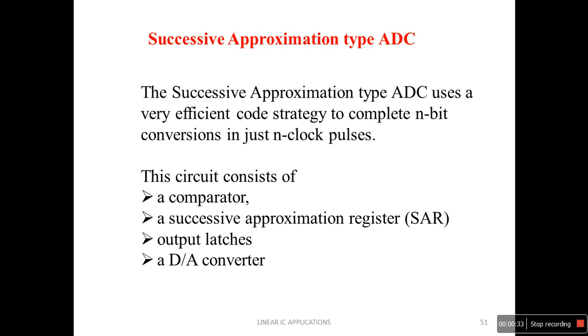This type of ADC uses a very efficient code strategy to complete n-bit conversion in just n clock pulses, whereas in the previous case, the parallel comparator type ADC takes 2 power n minus 1 clock pulses, and the maximum conversion time is (2 power n minus 1) times T. Here, it is going to be completed within n clock pulses.